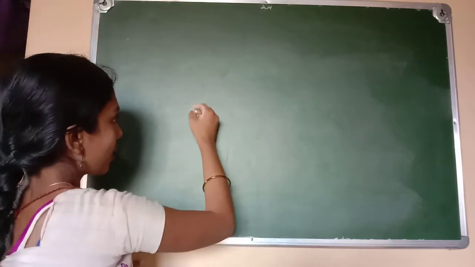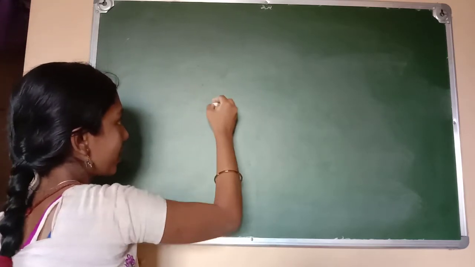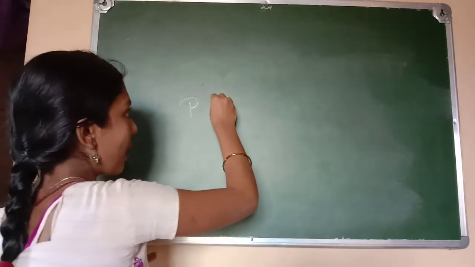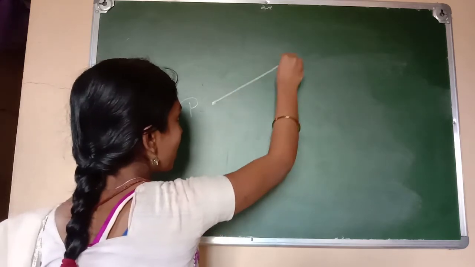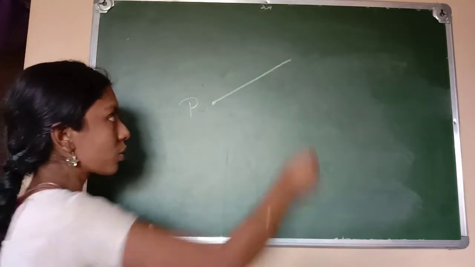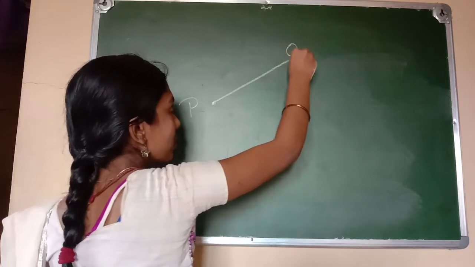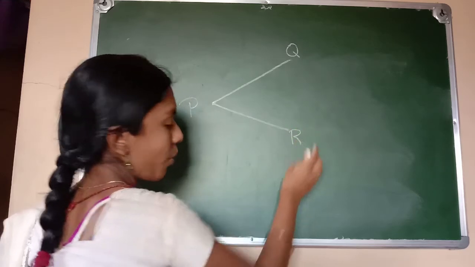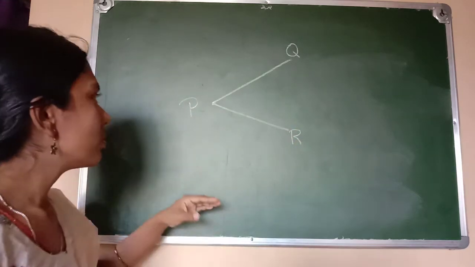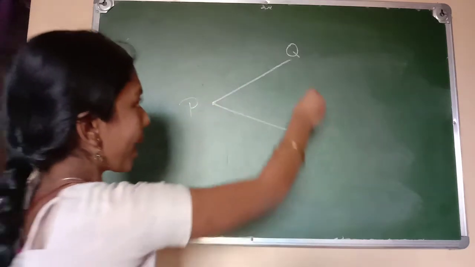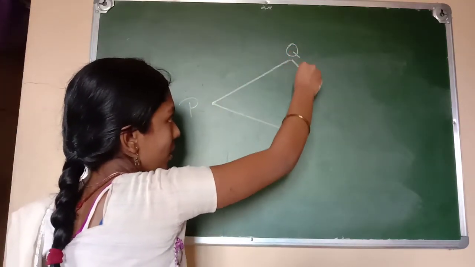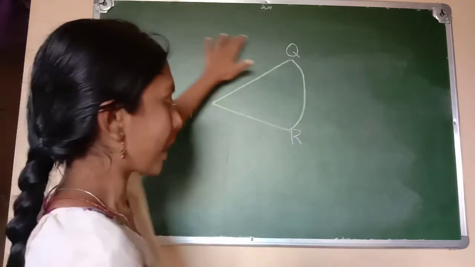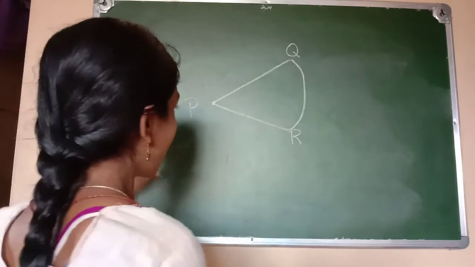So let us say there is a point here, point P. From point P, you have a line going to point Q and point R. So just imagine this to be a cone or a part of a circle, let us say, for better understanding. So you have a circle here.